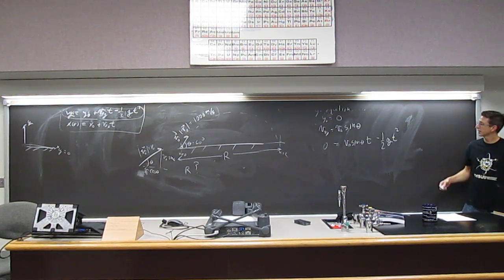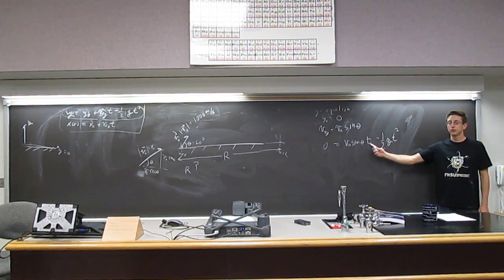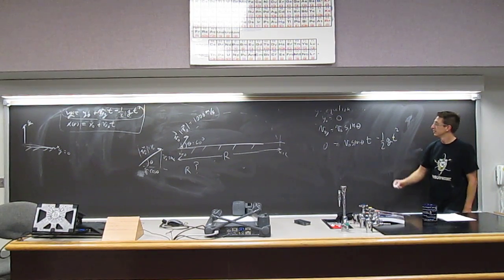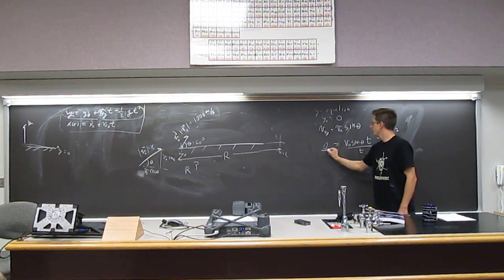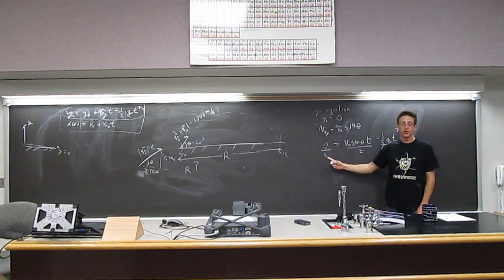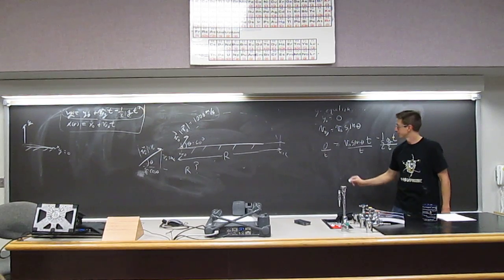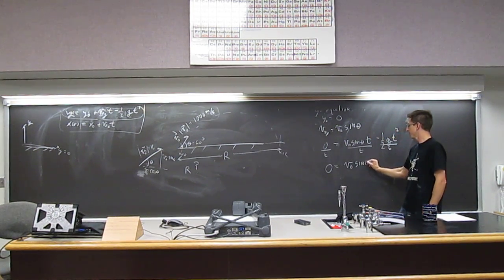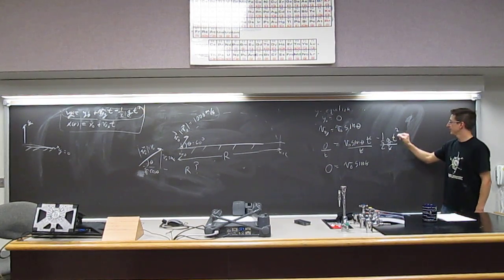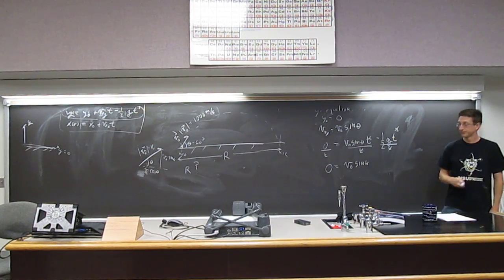The first thing I can notice is I can divide through by one time. So I can divide each term by one time. 0 divided by time is still 0. Sine of theta, these two t's cancel. This t cancels as one of those.